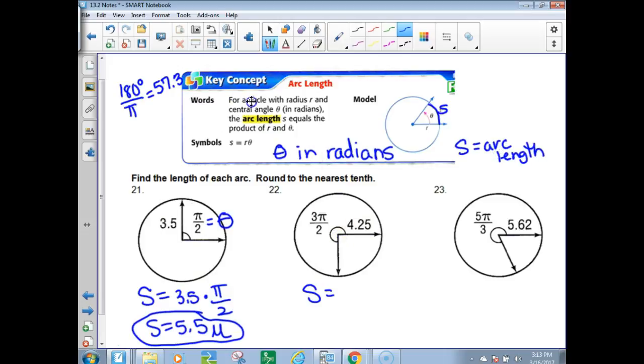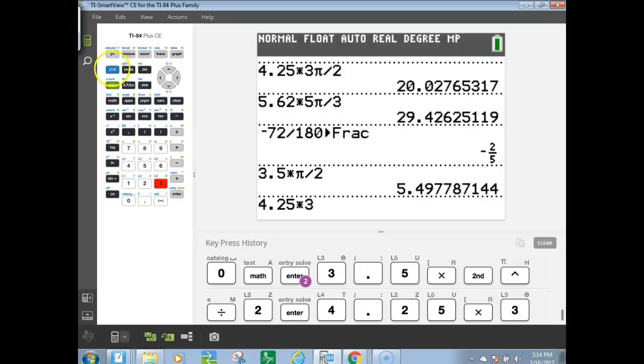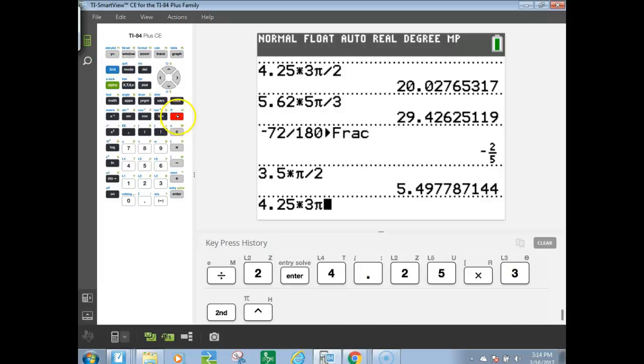So it does say up here, arc length for a circle with radius r and a central angle of theta in radians, the arc length S equals the product of r and theta, the radius and theta. So we just are popping numbers in now. 4.25 times 3 pi over 2. Just type it just like I said it.